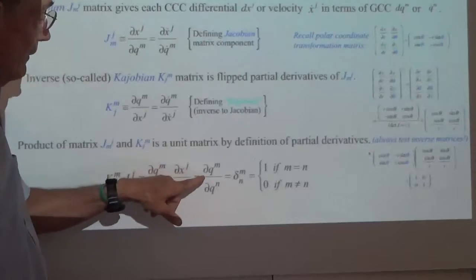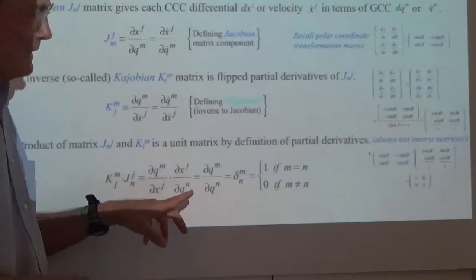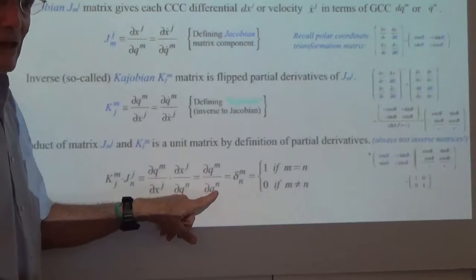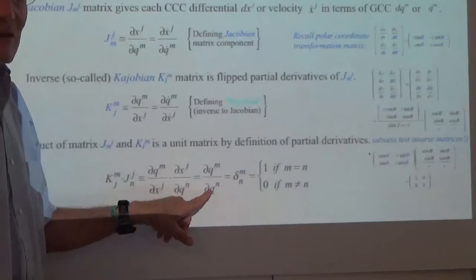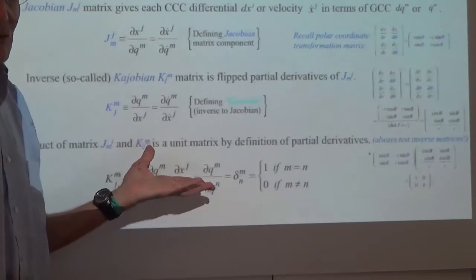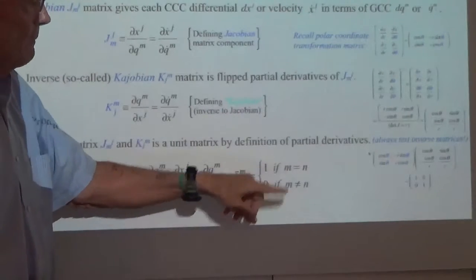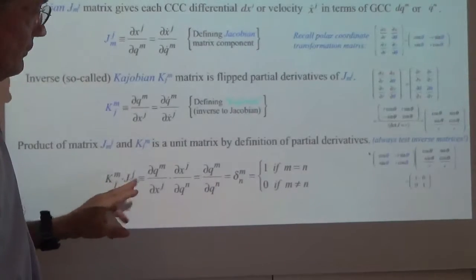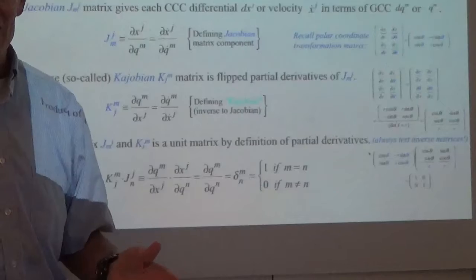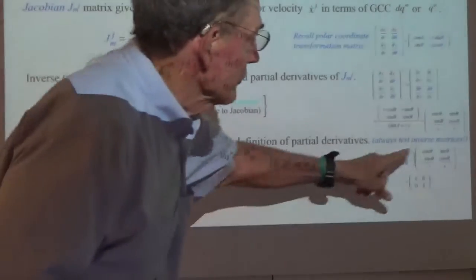So you end up here, and this is just trickery, mathematics should spend a day on this, probably proving it, but the partial of Qm with respect to Qn, the idea is these are independent variables. So this is usually 0, only when they're equal, and then of course the partial variable with respect to itself is 1. So this is the proof that these are inverses of each other. The kind that a hand-waving physicist does, right? Okay. And that's what's going on right there.